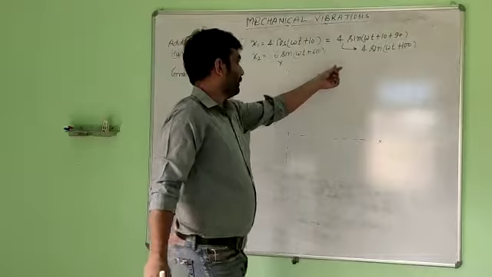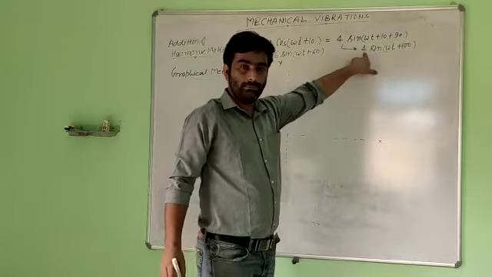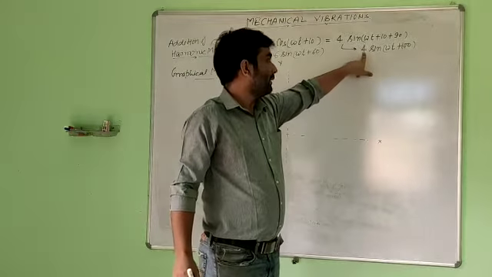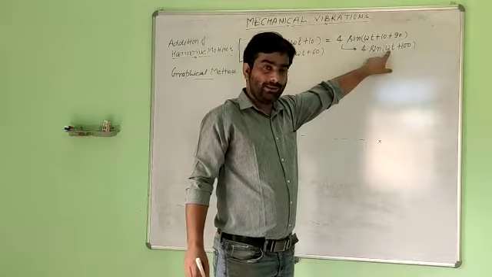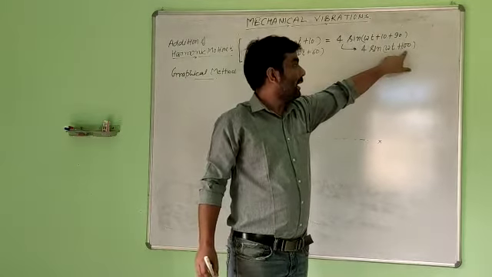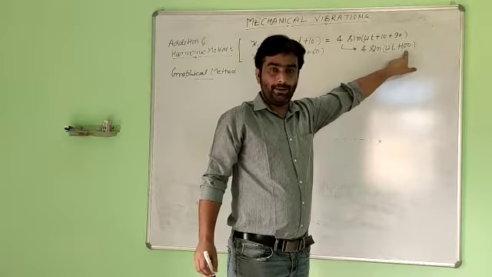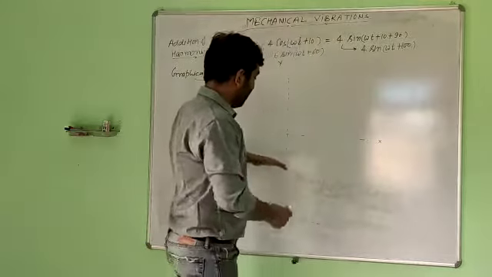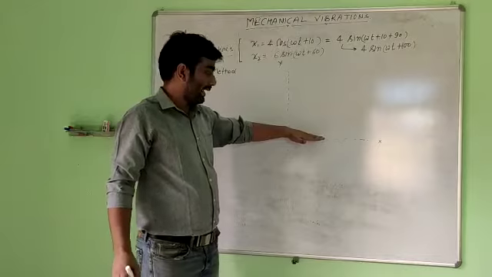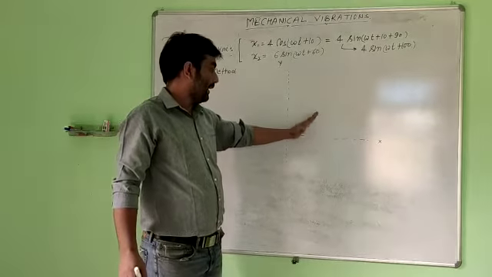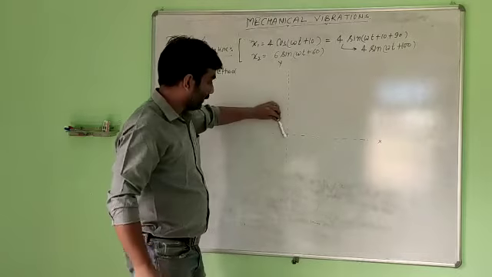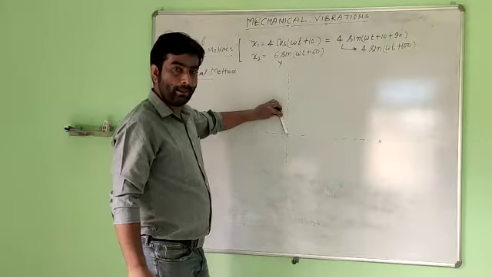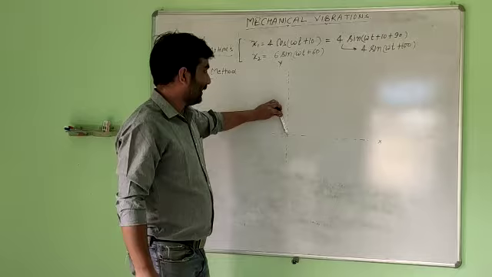This 4 is the amplitude, the length of the vector. The vector is rotating with angular velocity omega in the anticlockwise direction and has a 100 degree phase angle. We take the phase angle from the x-axis, zero phase angle, and 100 degree means more than 90, somewhere here.